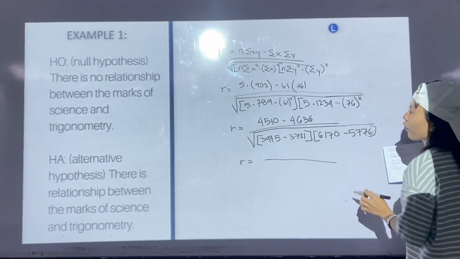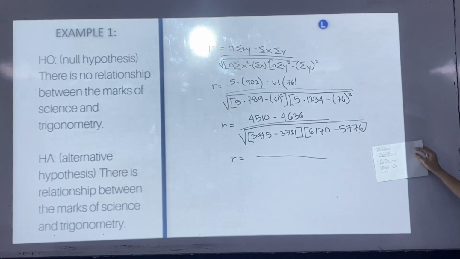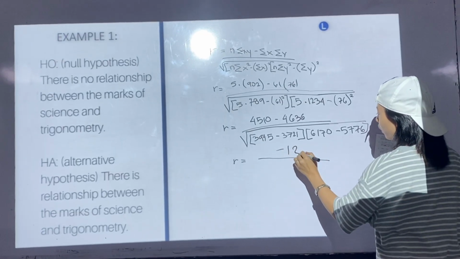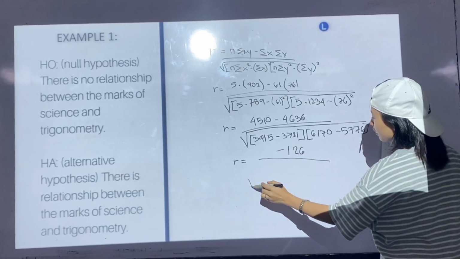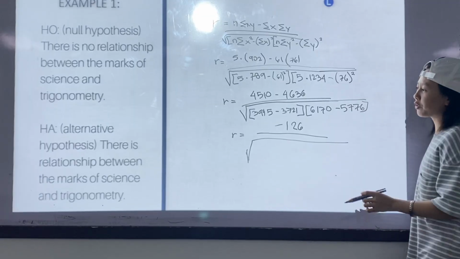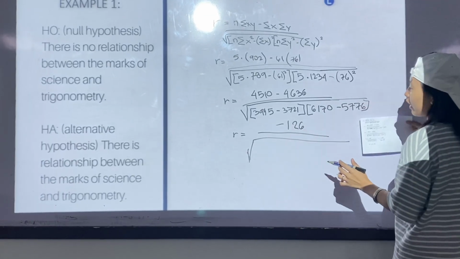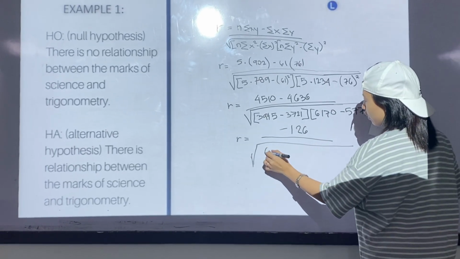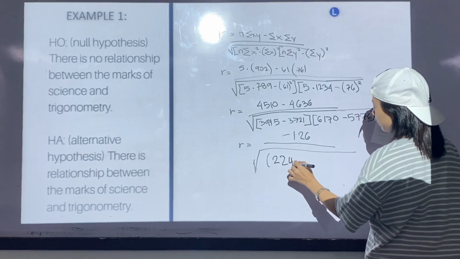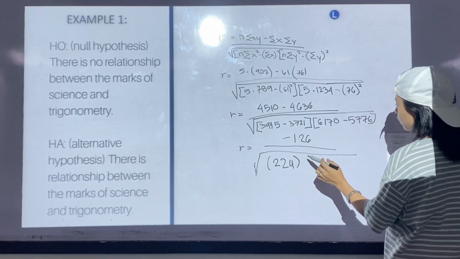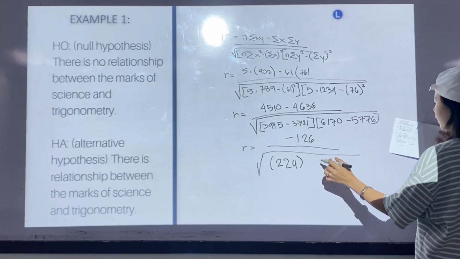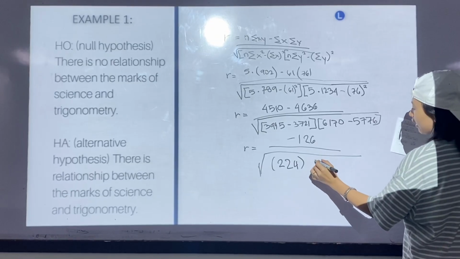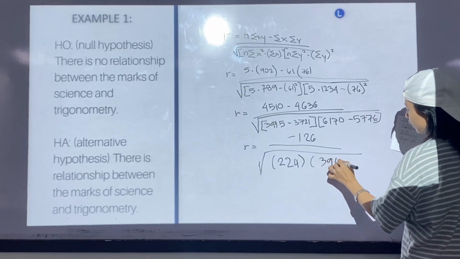Subtract the 4510 and the 4636, that is negative 126. And subtract 3945 and 3721, that is 224. Then subtract 6170 and 5776, that is 394.